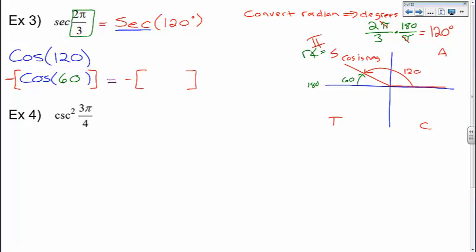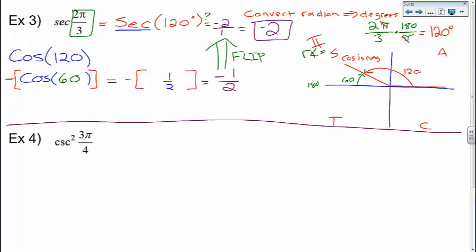From your chart, or using your memory, hint, hint, nudge, nudge, you should know cosine of 60 is equal to 1/2. So the negative value is obviously -1/2. Now, remember, I'm looking for the secant of 120 degrees, which is the reciprocal of the cosine of 120 degrees. So I take this, I flip it, and I get a value of -2/1, or just -2.